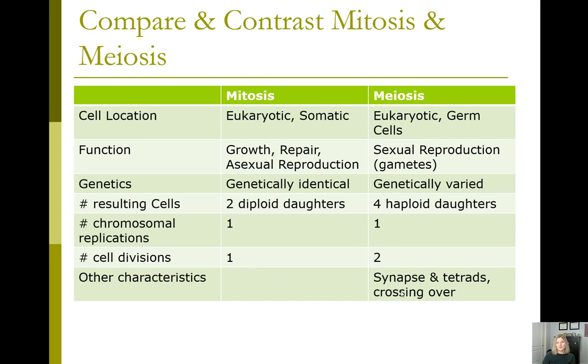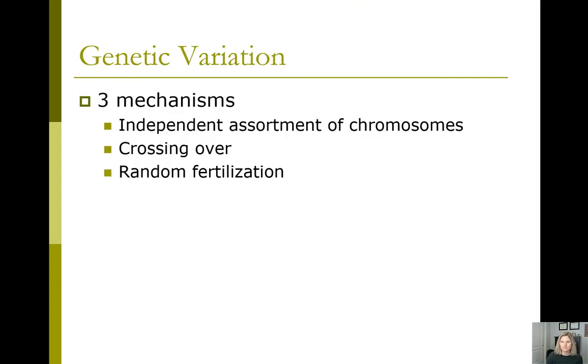And then finally, other characteristics. In meiosis, you have the crossing over effect occur with the tetrads coming together, and that increases the genetic variation. One important thing that results from meiosis is genetic variation.